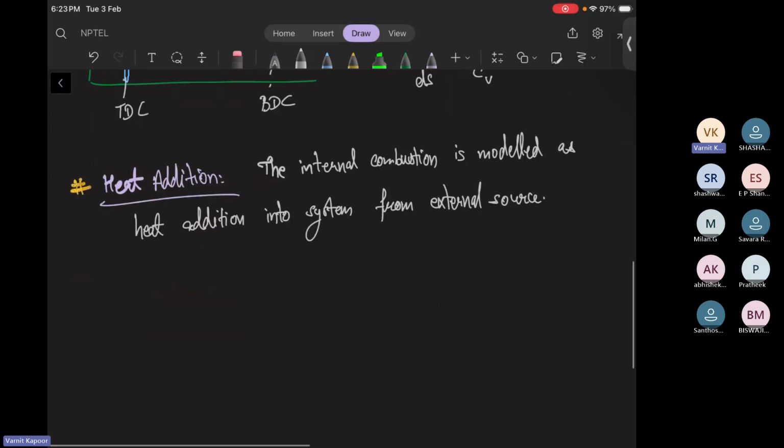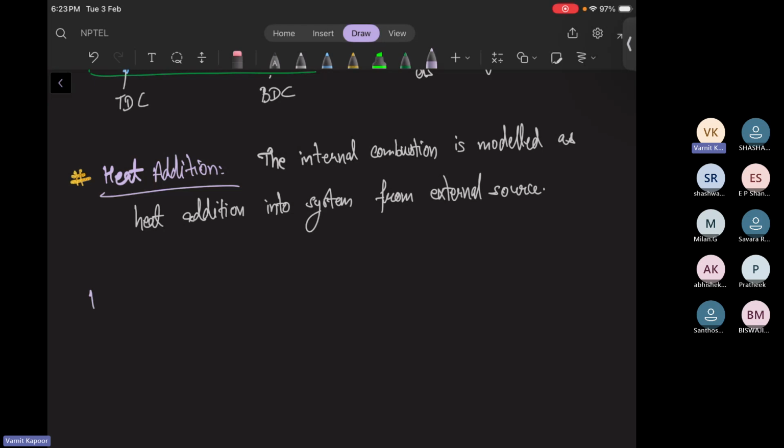Okay. Next, about the heat rejection. Now you're taking heat out. So this is basically your exhaust process, in which the majority of the gases are taken out of the cylinder, and it is modeled as a heat rejection.